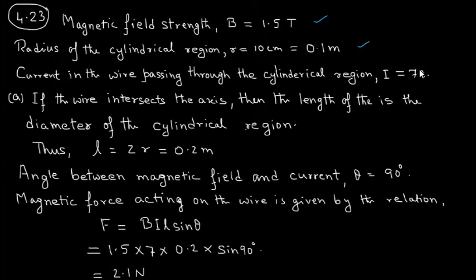Current in the wire passing through the cylindrical region I is equal to 7 A. A. If the wire intersects the axis, then the length of the wire is the diameter of the cylindrical region, that is length is equal to 2R, that is 0.2 meter.